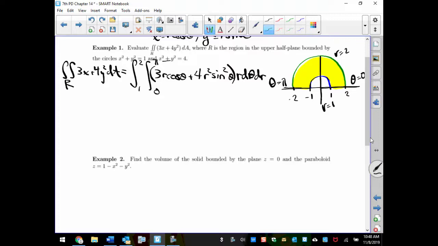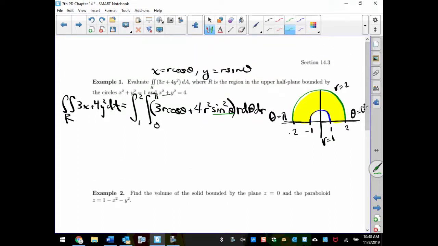Okay, well, let's go ahead and start this integral. We're going to integrate with respect to theta first. The hard one is this one right here, sine squared. What is sine squared? Well, last time we talked about the double angle: cosine 2 theta is cosine squared theta minus sine squared theta.